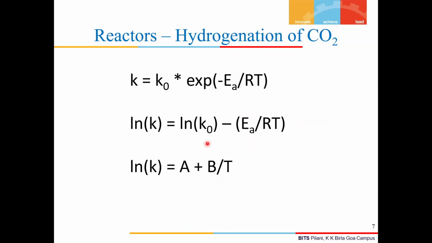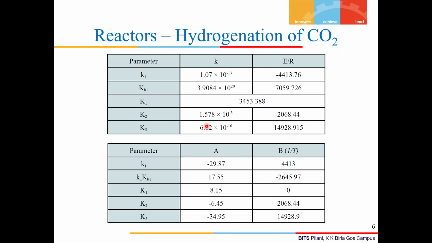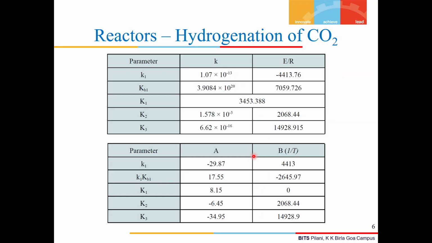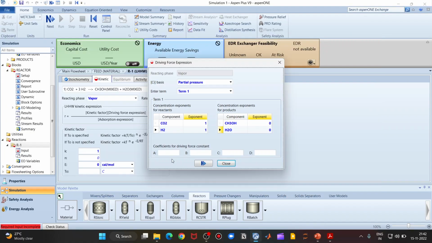So when you apply this concept, ln of K naught, which is ln of this value, is nothing but minus 26.87, and minus E by R is nothing but this value. You can see that this 0.76 is ignored, so it is 4,413. We have used an approximate value. Okay, so let's enter these values in the term 1 expression.